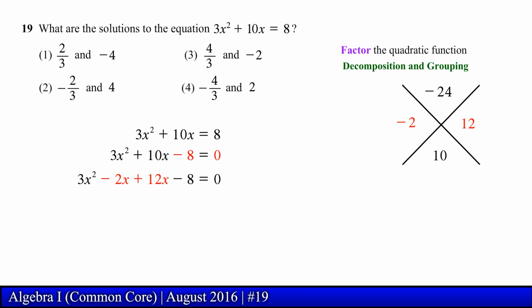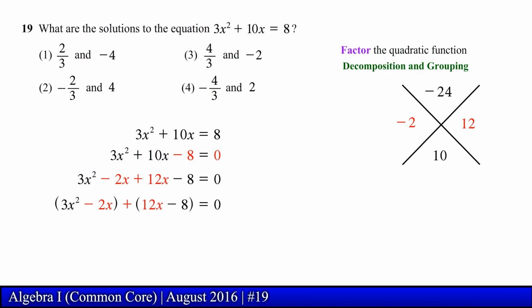Now we proceed with the grouping step. So we're going to group a decomposed term with a non-decomposed term. In this case, we will group together 3x squared and -2x, and group together 12x and -8.